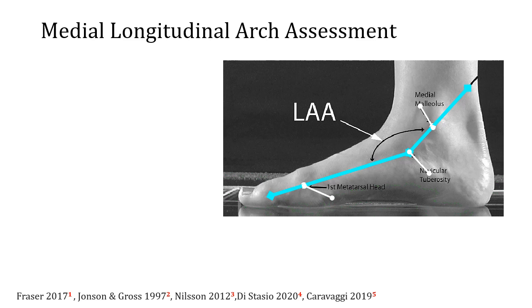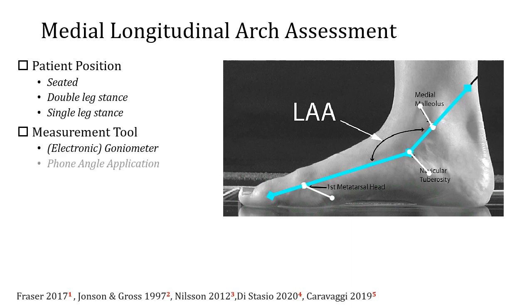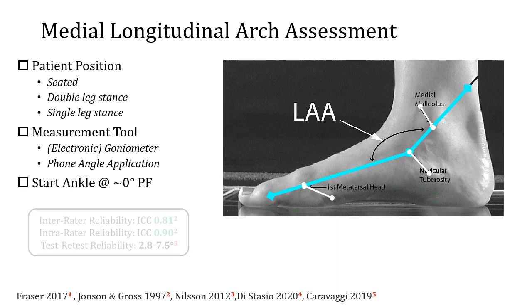So the measurement looks like this. Whether you want to actually measure it with your goniometer or take a snapshot, I know that there are several phones these days and applications, once again, where you can draw in the angles, especially if you put the markers on the person's foot preemptively. So you look at it seated, double leg stance, single leg stance, with the phone or with your goniometer.